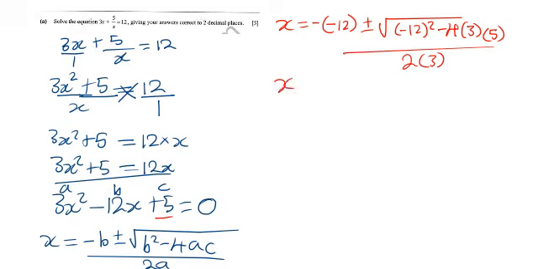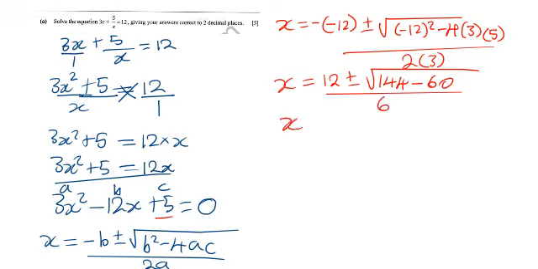So you just simplify this. Negative multiplied by negative 12 is positive 12, plus or minus the root of negative 12 squared, that is positive 144, and then negative 4 multiplied by 3 multiplied by 5. You use your calculator, you're going to get negative 60, over 2 multiplied by 3, it is 6 there.